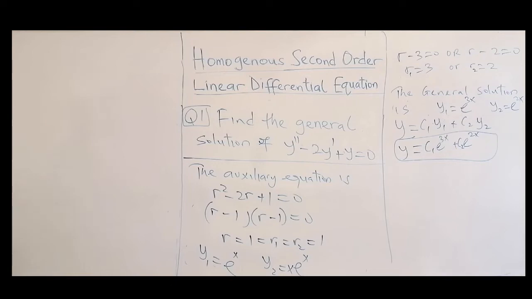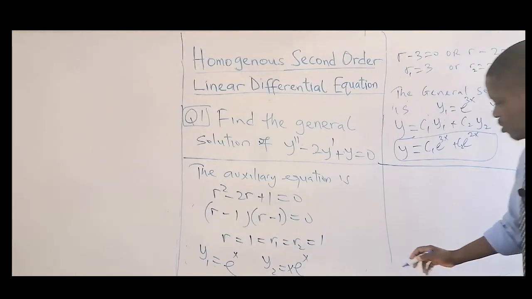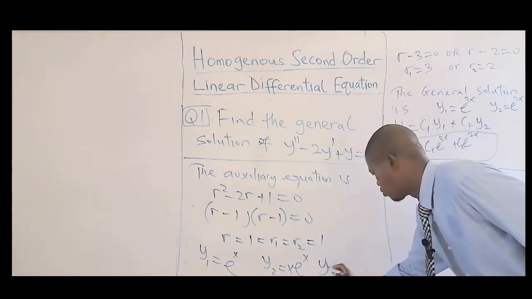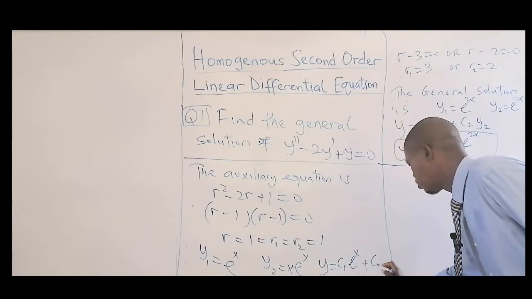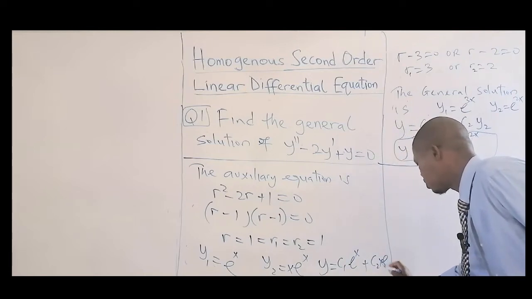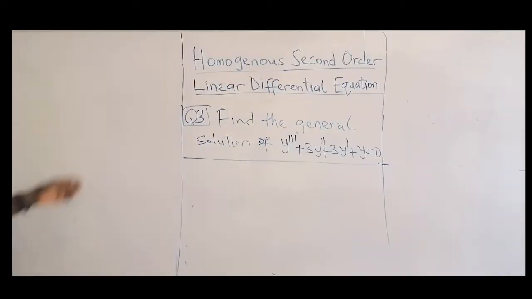That's case 2 of the previous video. And then we can get the general solution. The general solution will be y equal to c1 e^x plus c2 x e^x. So that's the general solution for that.